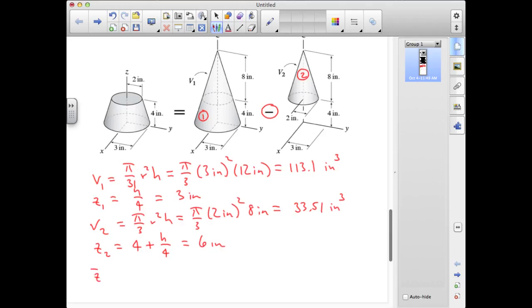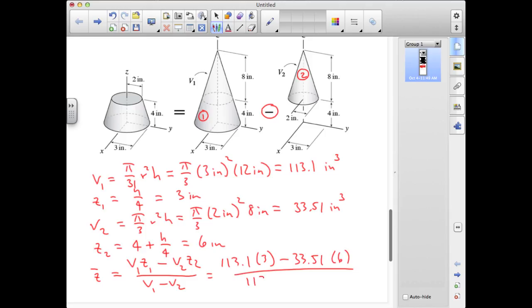The centroid for the object then is v1 z1 minus v2 z2 over v1 minus v2. That's going to be 113.1 inches cubed times 3 inches minus 33.51 inches cubed times 6 inches over this difference of 113.1 minus 33.51, and that result ends up being 1.74 inches.